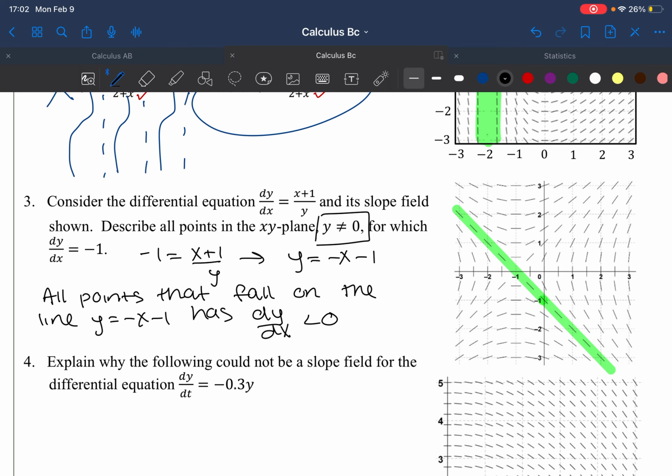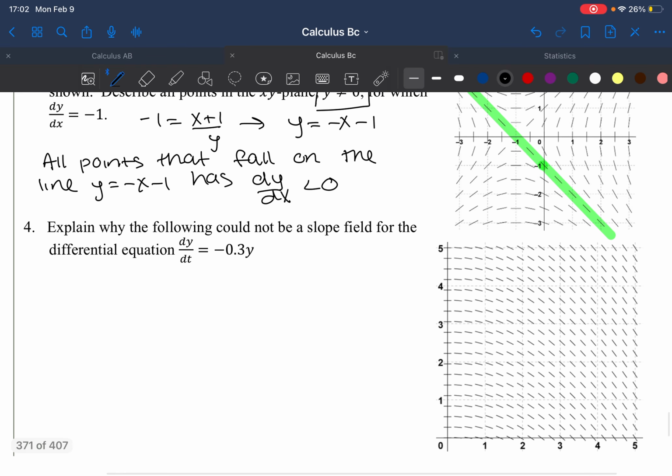And then last one, number 4, says explain why the following could not be a slope field for the differential equation dy/dt is equal to negative 0.3 times y. There are multiple ways you could justify it. For me, the easiest way is to look right down here where y is equal to 0.